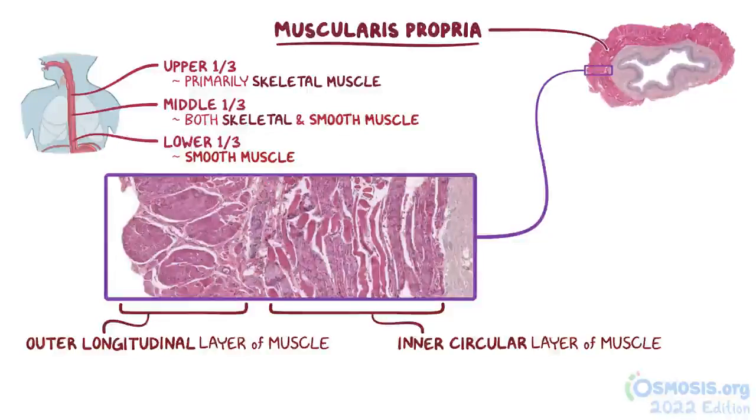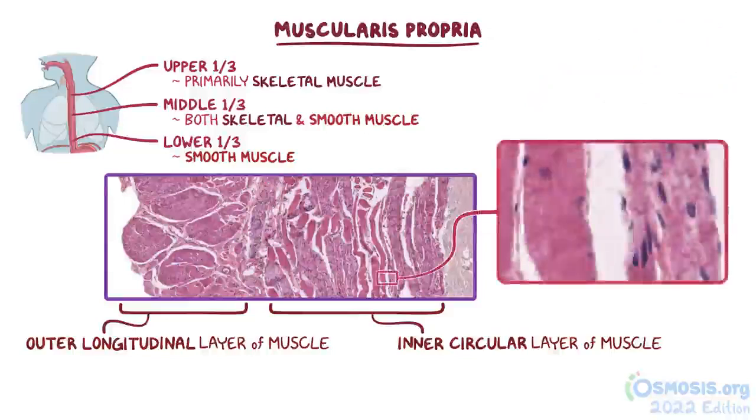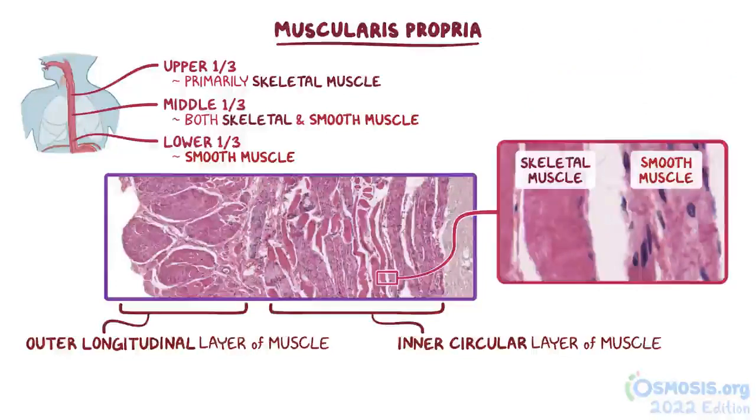This cross-section of the esophagus was taken from the middle third, so if we zoom in to 40 times magnification, we can see that both skeletal and smooth muscle are present. The skeletal muscle can be differentiated from the smooth muscle by the typical striations we'd expect to see in skeletal muscle fibers.